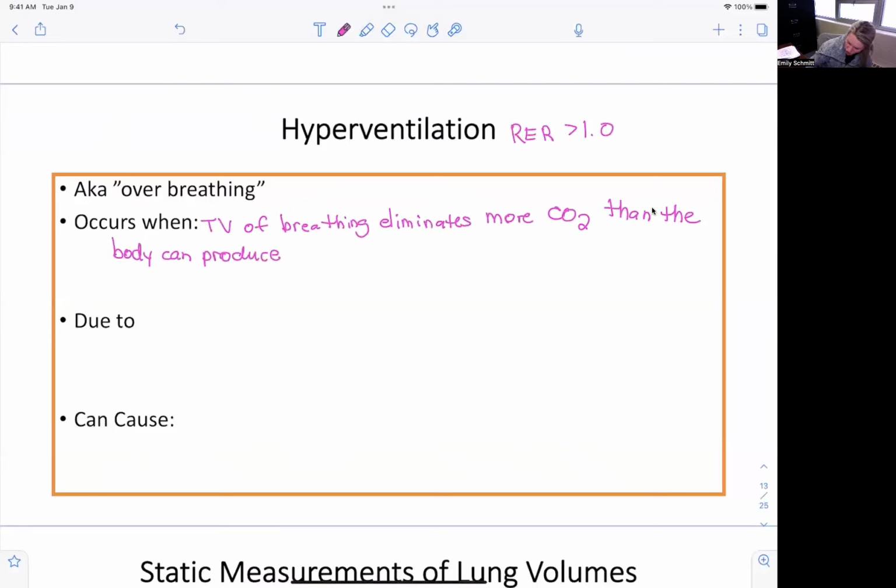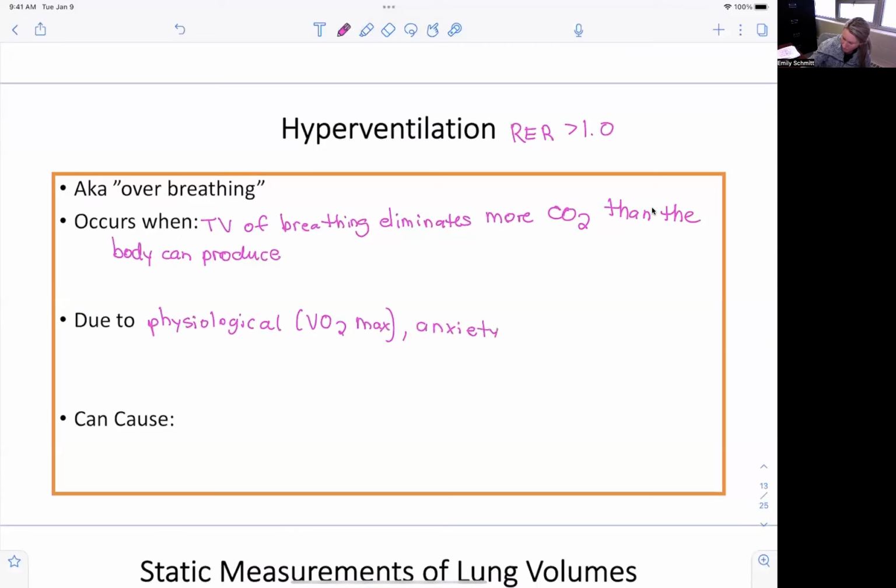And this is due to, say, a physiological stress, like the VO2 max test, or it could be due to anxiety, a traumatic brain injury, stroke, asthma, just to name a few. And this can cause lightheadedness and even unconsciousness.